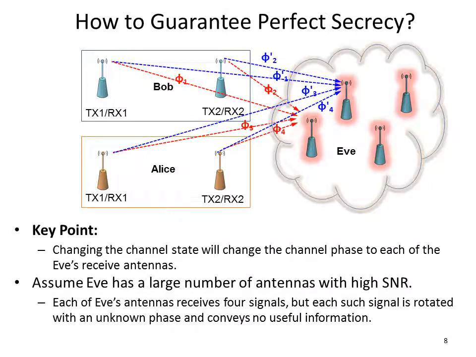And it's straightforward to show that when we have one observation XOR with an unknown phase, we get 0 information. When we have 4 observations, each of them XOR with a random phase, we get 0 information. So the same applies to every antenna of Eve. Every antenna of Eve will hear 4 transmissions, but will hear them through 4 new channel phase values to that particular antenna of Eve.